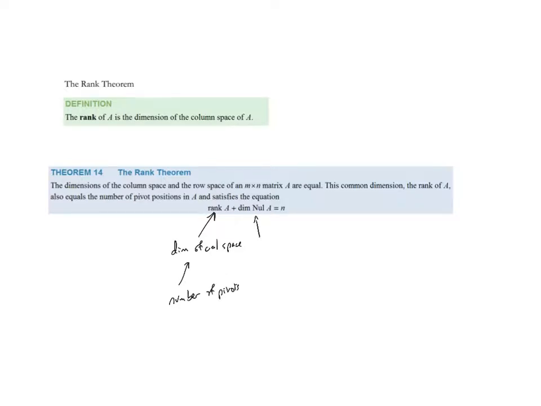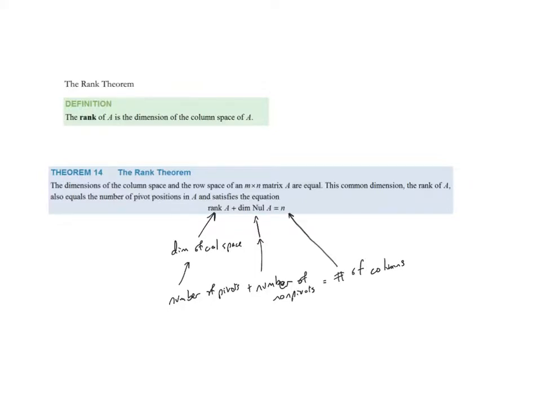The pivots are what give us the column space, which is defined to be the rank of a matrix, plus the number of non-pivots, which is where the null space comes from, that's equal to the number of columns. And again, that's why this should make sense. The number of columns being the n there.